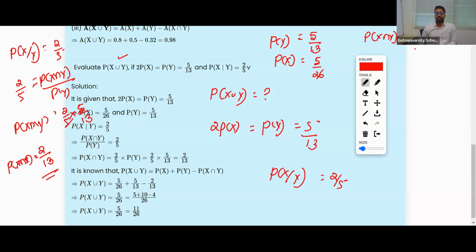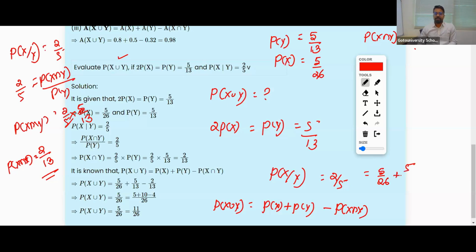Now we have everything, right? So P of X union Y is equal to P of X plus P of Y minus P of X intersection Y. What is P of X? P of X is 5 by 26.